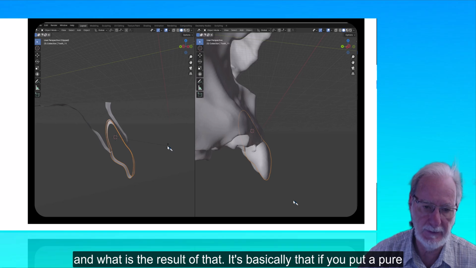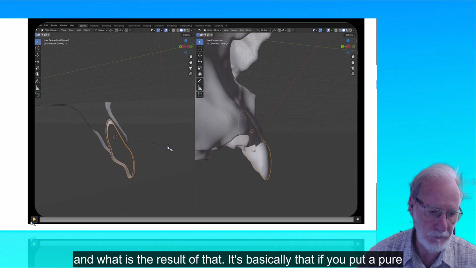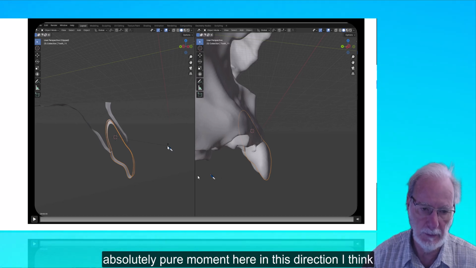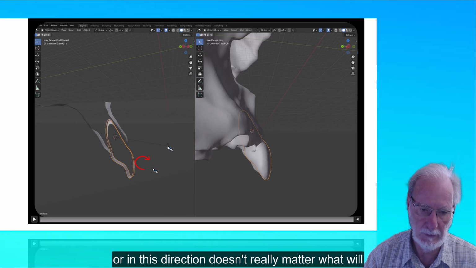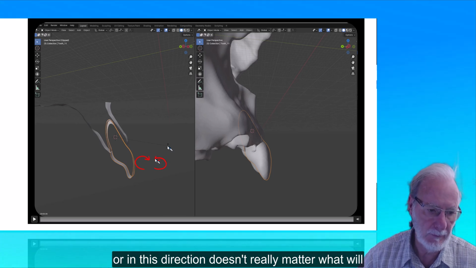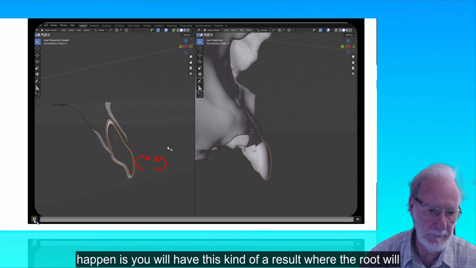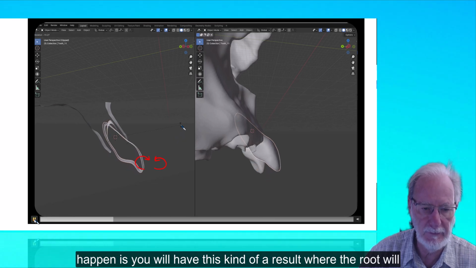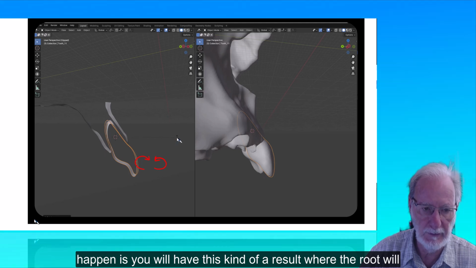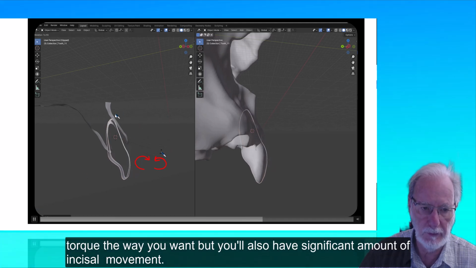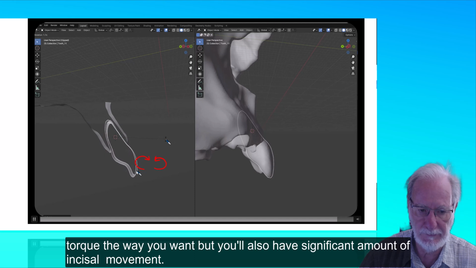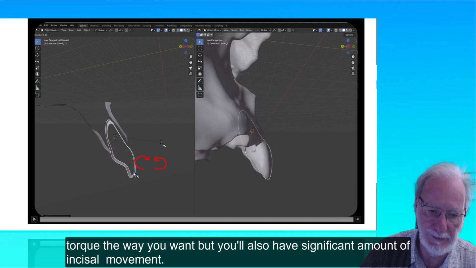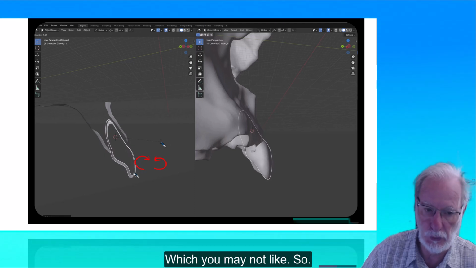If you put a pure, absolutely pure moment here, in this direction or in this direction, it doesn't really matter, what will happen is you will have this kind of result where the root will torque the way you want, but you'll also have a significant amount of incisal movement, which you may not like.